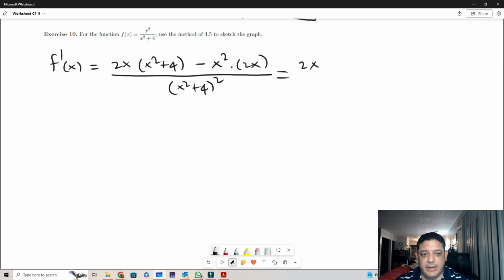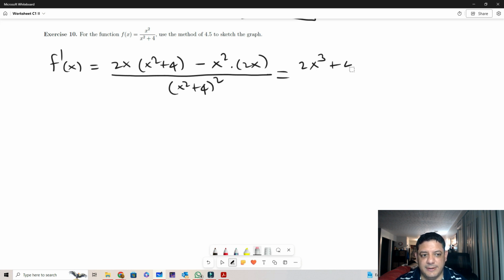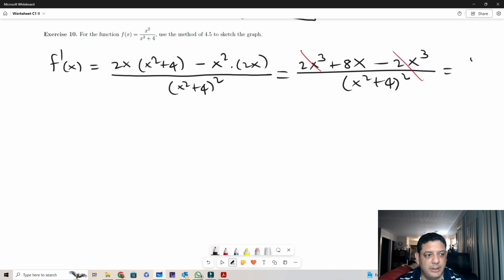This is going to be 2x cubed plus 8x minus 2x cubed, over (x squared plus 4) squared. Notice then at this point I can cancel the 2x cubes, and that's just going to produce 8x over (x squared plus 4) squared. So there are two possibilities for critical points.